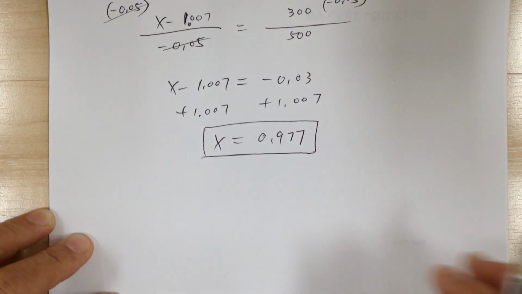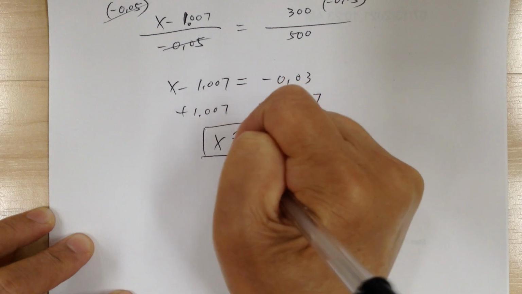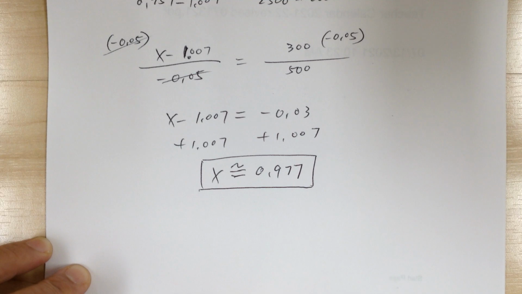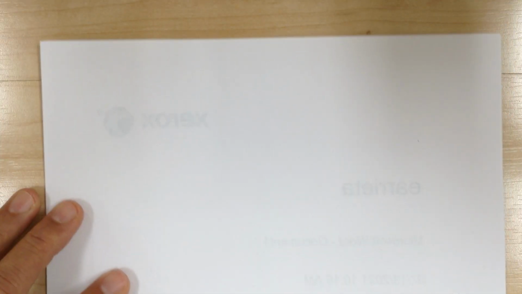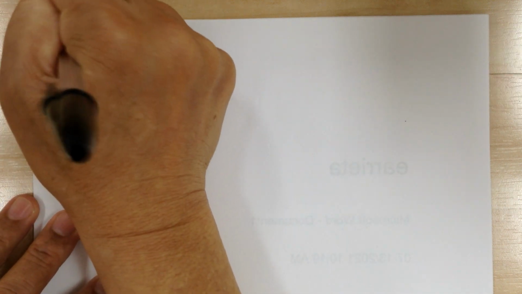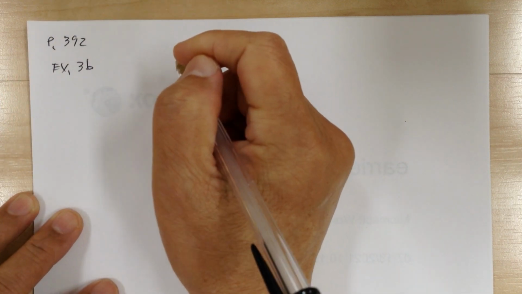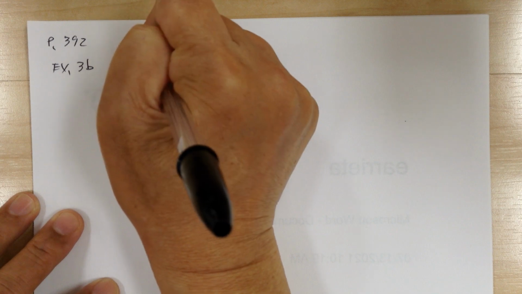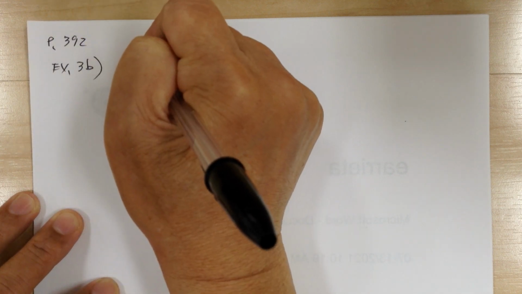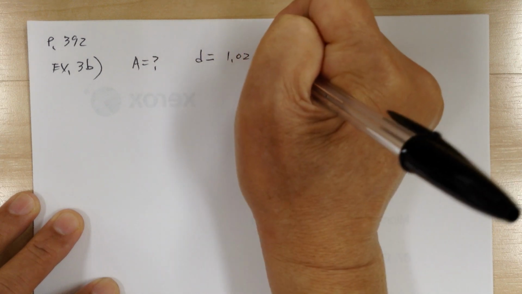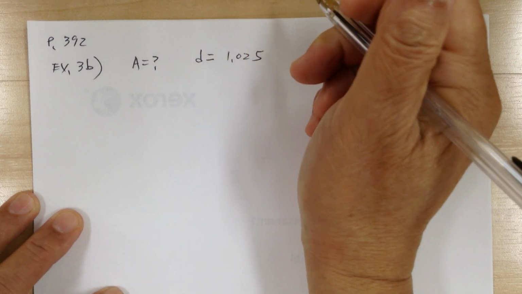If you want to be more exact, you can do an approximation. The wiggly line means approximate, so you're just approximating. Now let's go and do part B. Part B: at about what altitude is the density 1.025?